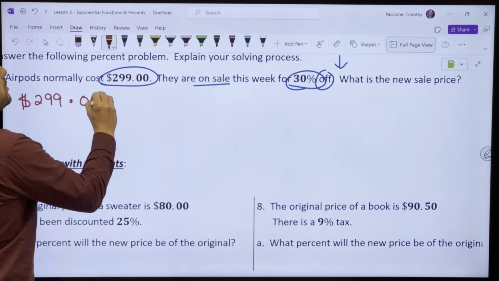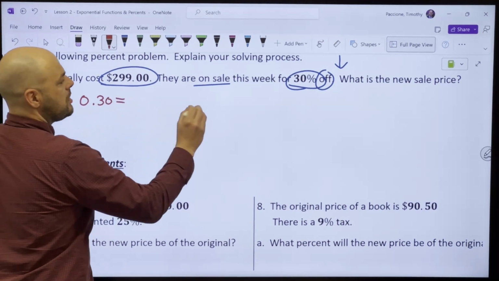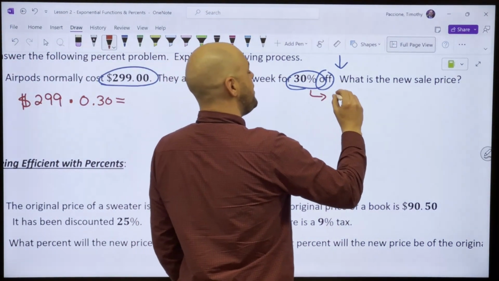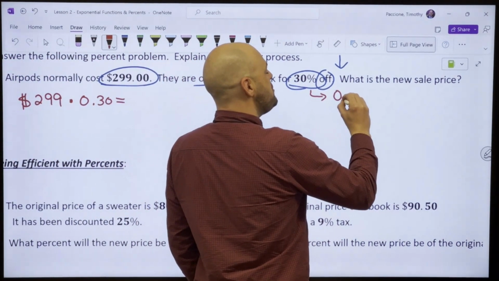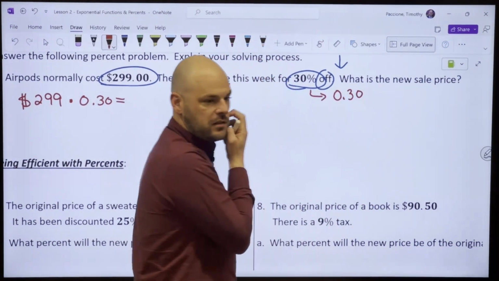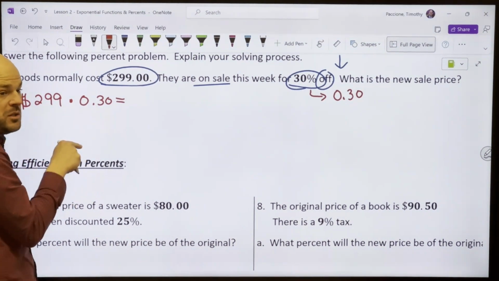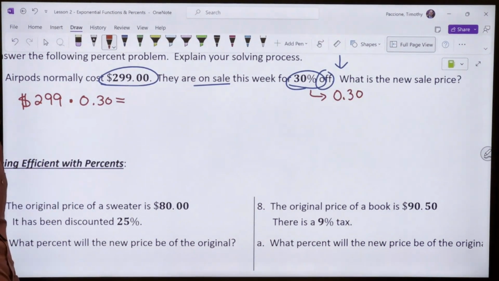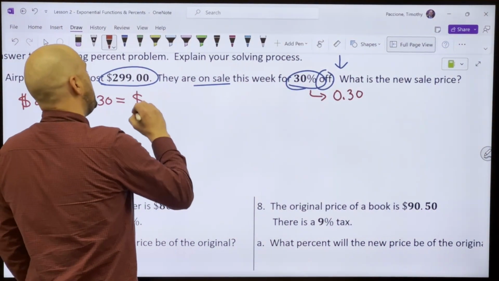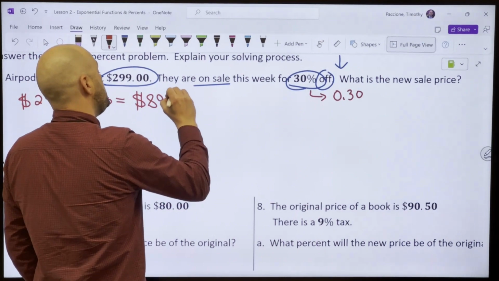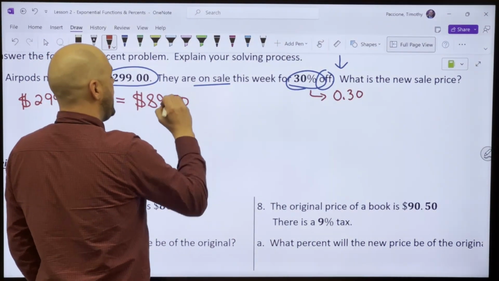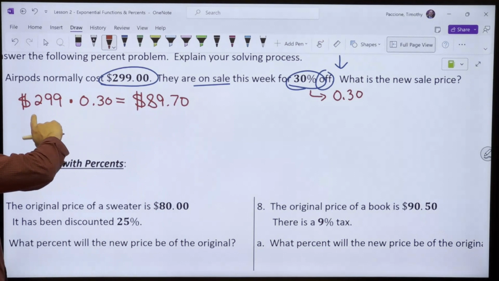Yeah, and I got 89.7, and then I... Oh, slow down. I can't write that fast. So how did you know 0.30? Because you moved the decimal twice. Okay, and then you knew to multiply. Okay, and then you got what? 89.7? Okay, so that's 30% of 299.